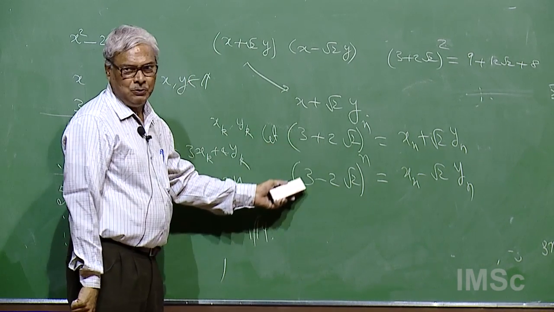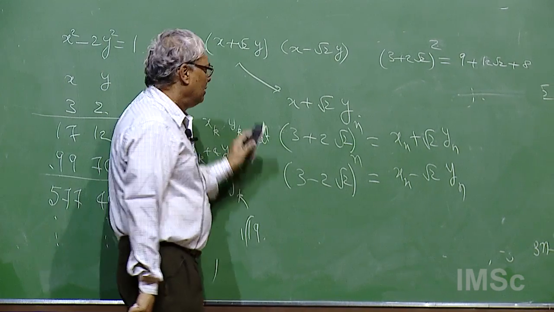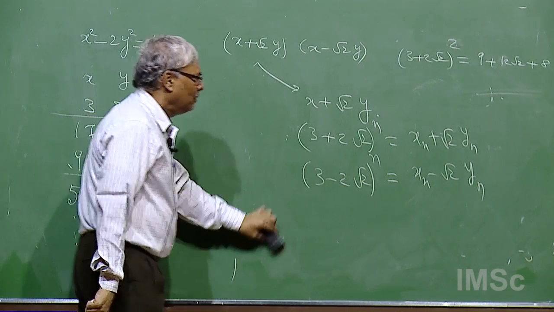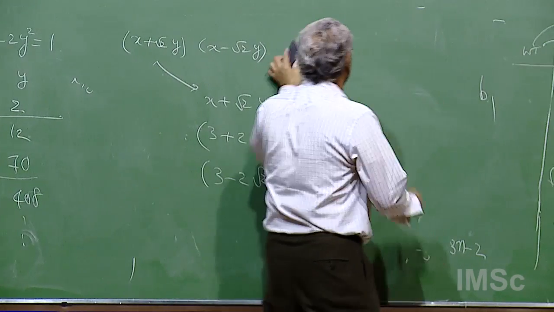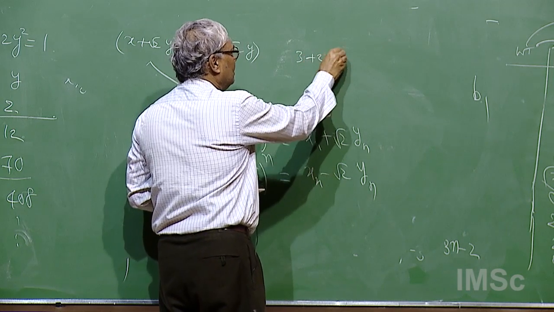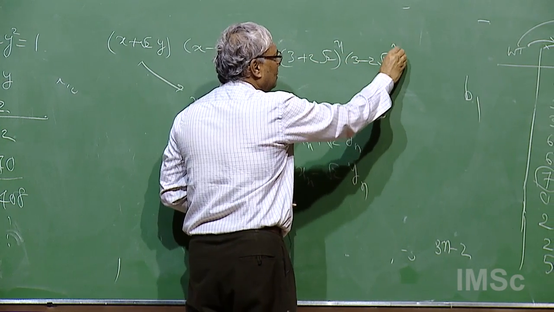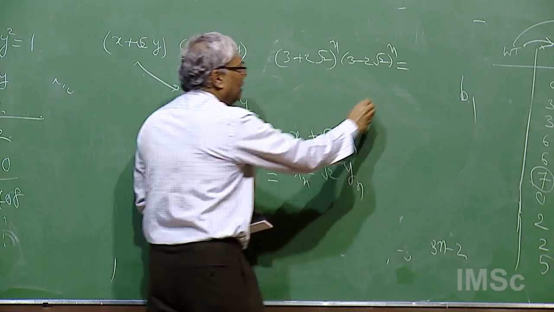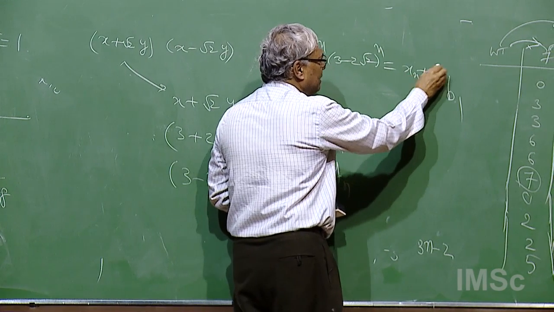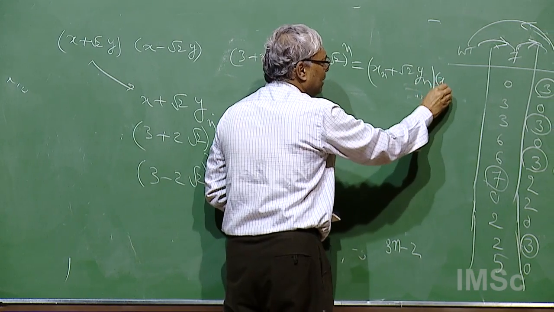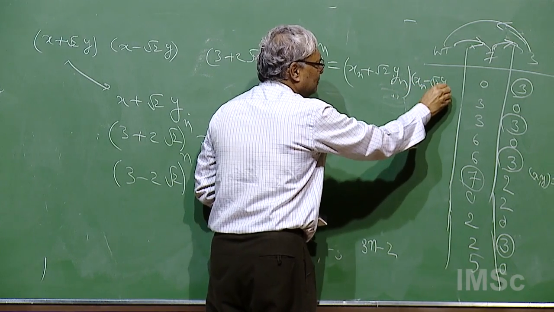Let's multiply these two equations. So if you multiply these two equations, what do you get? What is 3 plus 2 root 2 whole power n times 3 minus 2 root 2 whole power n? And that's equal to xn plus root 2 yn times xn minus root 2 yn.